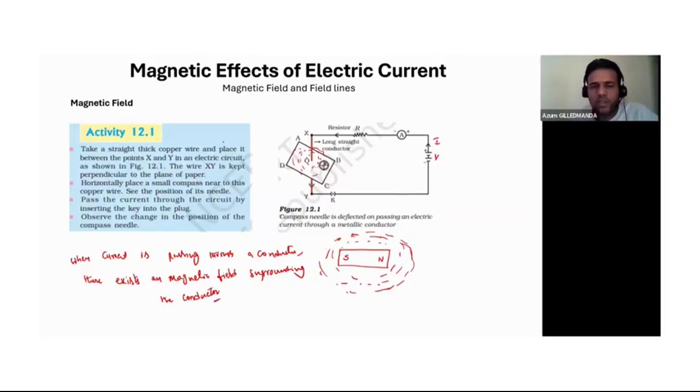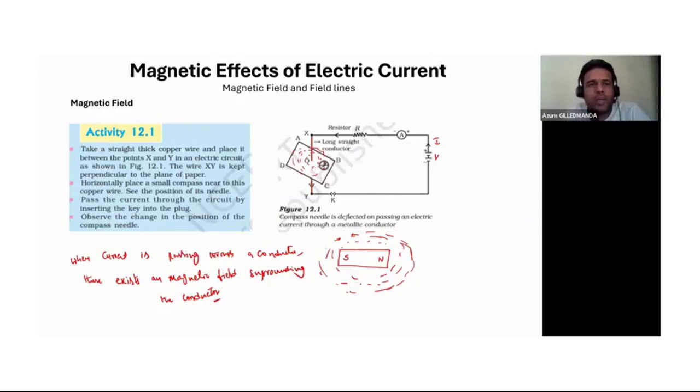You understood? Whenever an electric current is passing through the conductor, it forms a magnetic field surrounding it, that we have observed in this experiment using a compass.